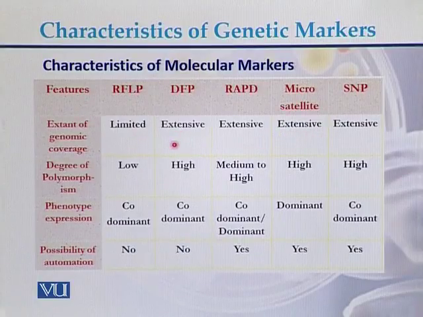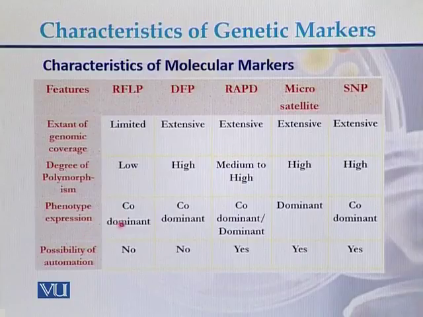Characteristics of the molecular markers in the form of extent of genomic coverage: RFLP is limited, while DFP, RAPD, microsatellite, and SNP are extensive and found throughout the genome. Degree of polymorphism in case of RFLP is low, in case of DFP is high, RAPD medium to high, and microsatellite and SNP polymorphism is also high.